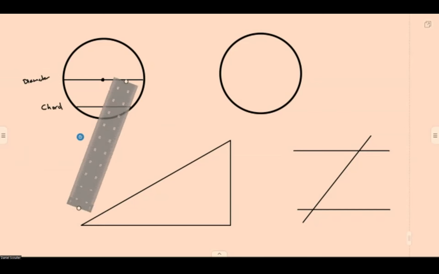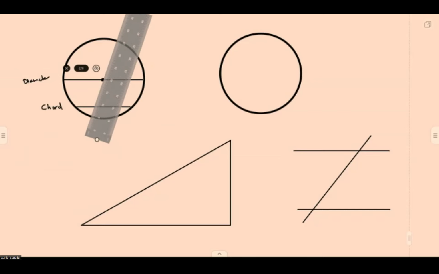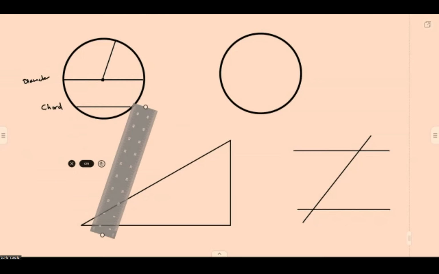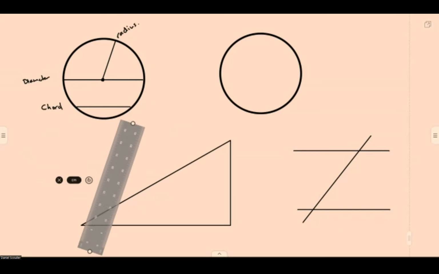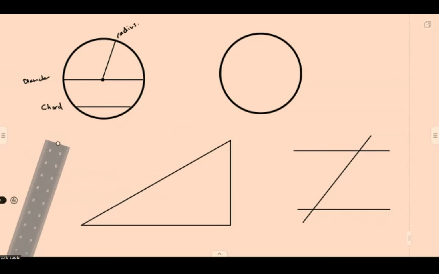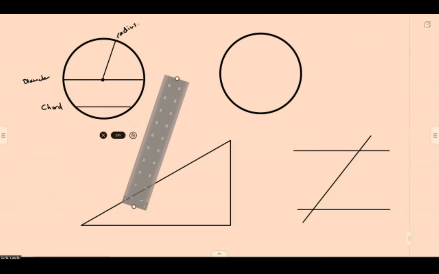If we take any line from the center to the outside edge, it's your radius. So different lines on there: diameter, chord, and radius.